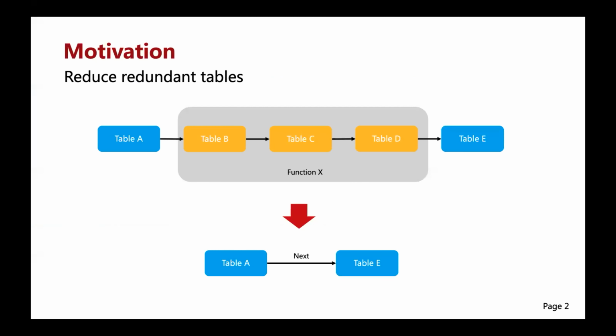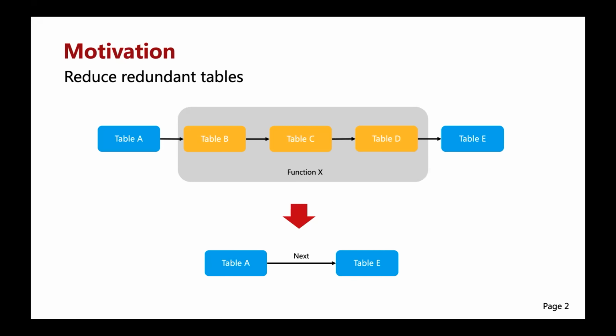Just the motivation. Assume that this is not a flexible pipeline. This is the current pipeline. Assume that we have 5 tables, and tables B, C, D are used for function X, which can be a bool option in the entry agent config file. No matter whether function X is enabled or not, tables B, C, D will be initialized.